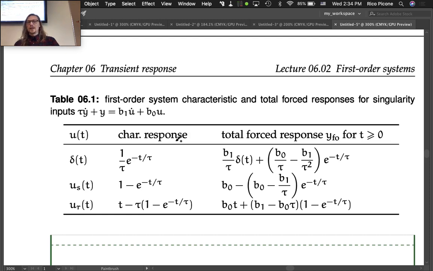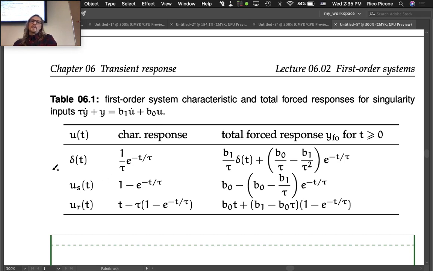We'll use the second column because when we get to second order systems, you only get the second column, because the other column gets too massive and we just don't write it down. So I encourage you to start using the characteristic response because you'll use it in the same way for first order systems and second order systems.